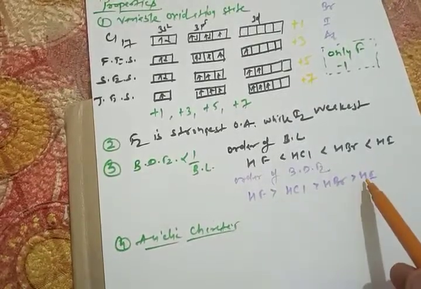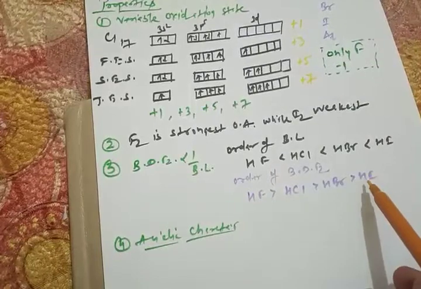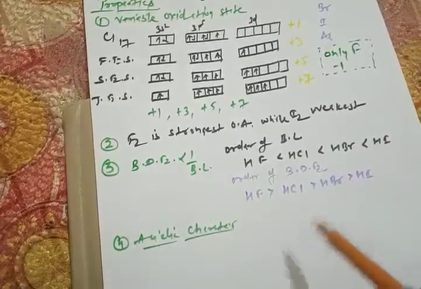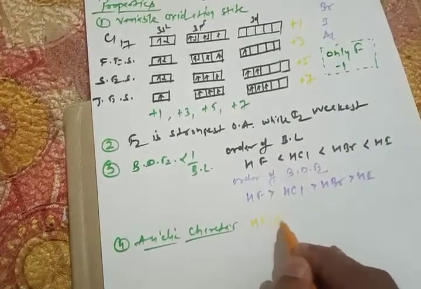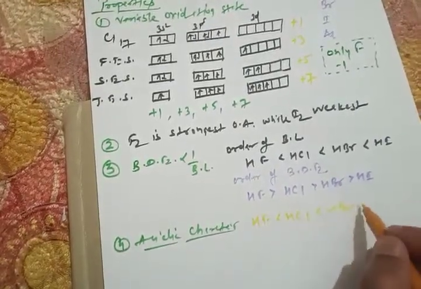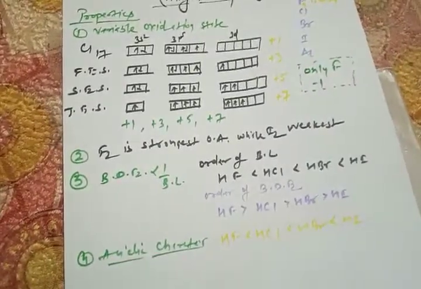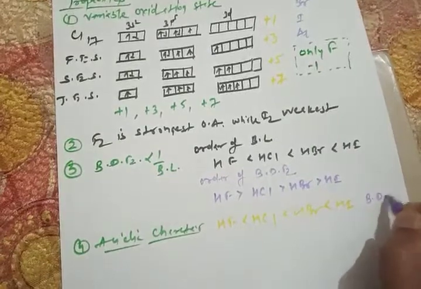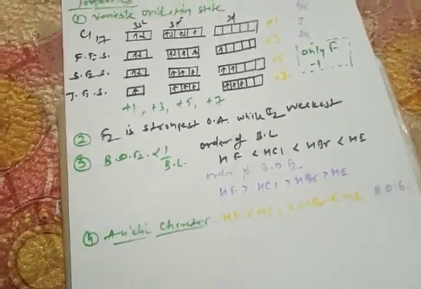Whereas in the others, bond breaking is easy because of the higher bond length, so donation of the proton is easier. The acidic strength follows this order: HF, HCl, then HBr, and then HI. Again, we are discussing this by the reason of bond dissociation energy, because the bond dissociation energy is very less in the case of HI.